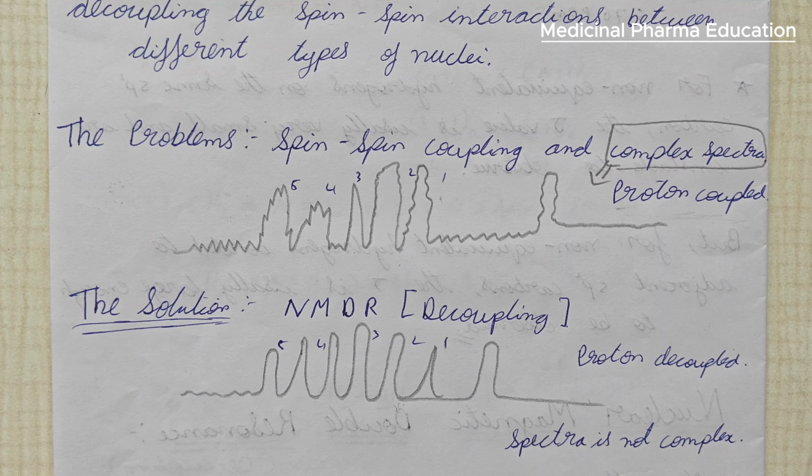By using nuclear magnetic double resonance, the spin coupling is completely eliminated. Okay, and we get a spectrum which is not complicated, which is not complex. This is the concept behind nuclear magnetic double resonance. I hope you understood it.